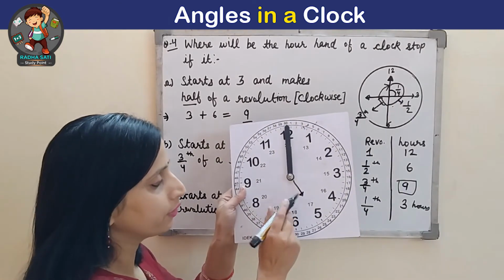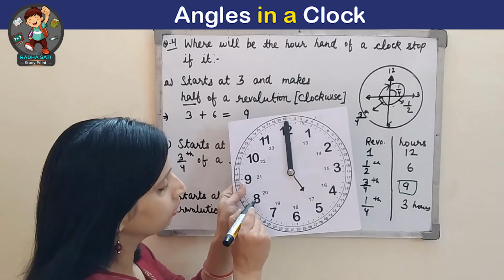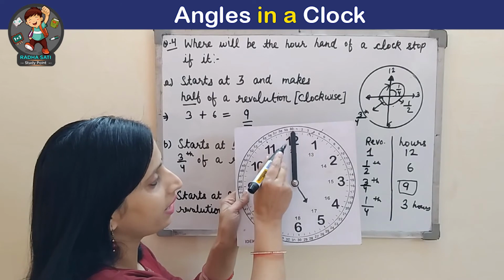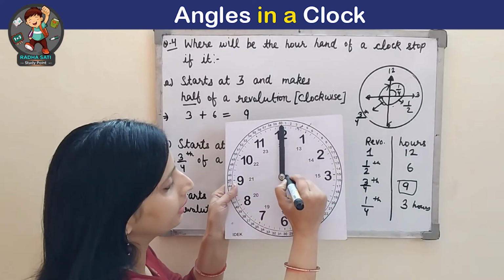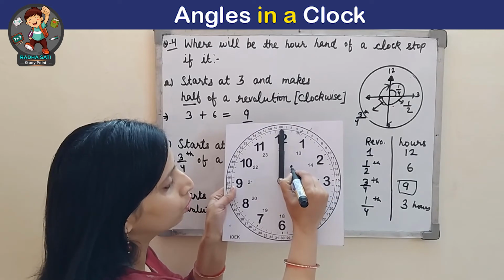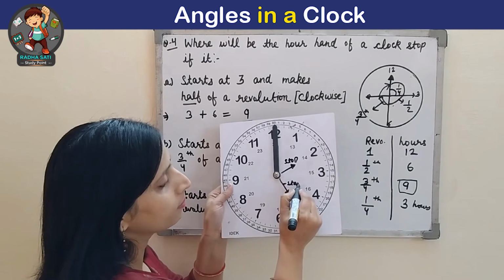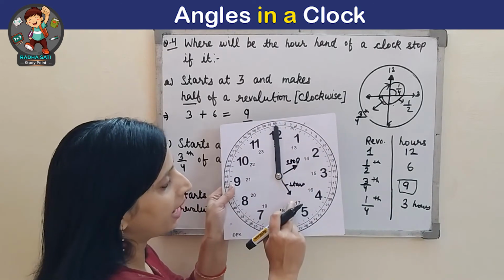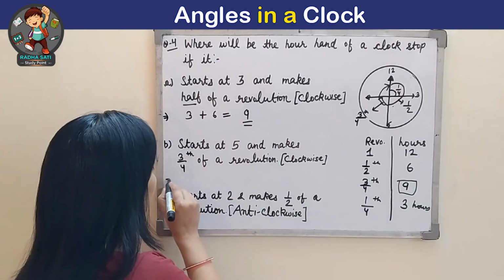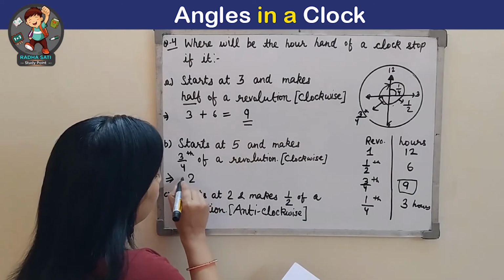So after 5, we will add 9 hours in it. So 1, 2, 3, 4, 5, 6, 7, 8 and 9. This means it will stop at 2. Okay. If it starts from 5, it will stop at 2 if it will make 3/4 of revolution. So answer will be 2.